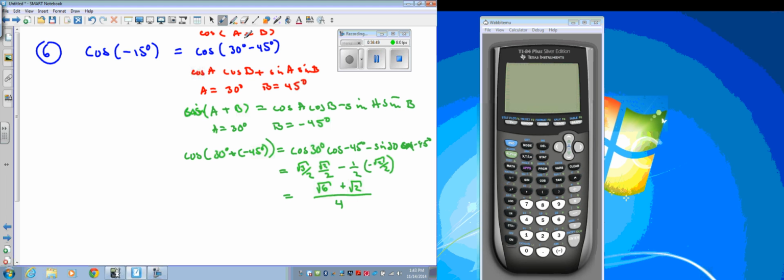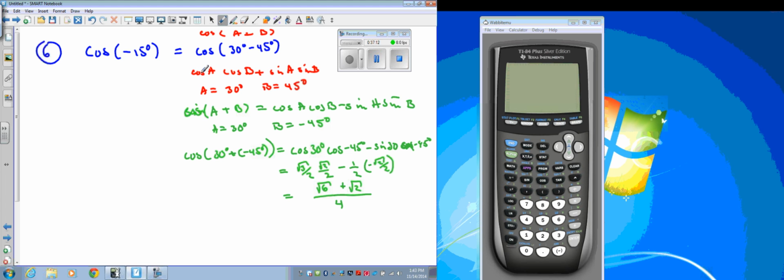When I'm doing differences, I use 30 and a plus 45. When I use sums, I'm doing 30 and minus 45. Both of them are going to give me a negative 15, so both of them should give me the same answer. That's all I'm telling you. It's not going to make any difference which way you approach it.